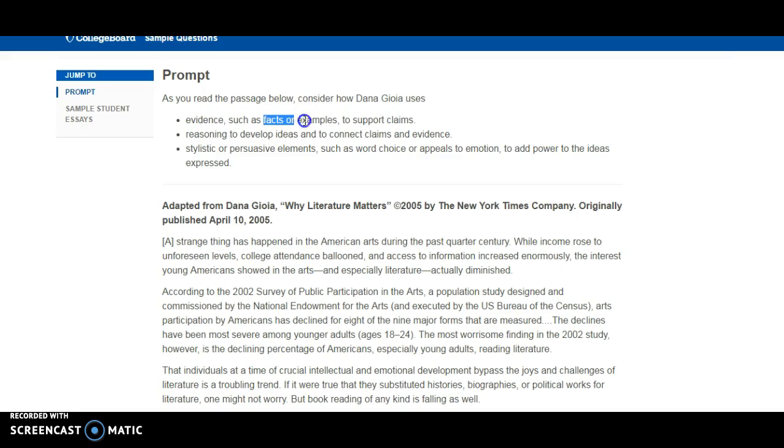Facts or examples, in other words, the evidence to support a claim, to look at whether they make a connection between claim and evidence, whether their reasoning or logic makes sense, and to look at their persuasive elements, word choice.